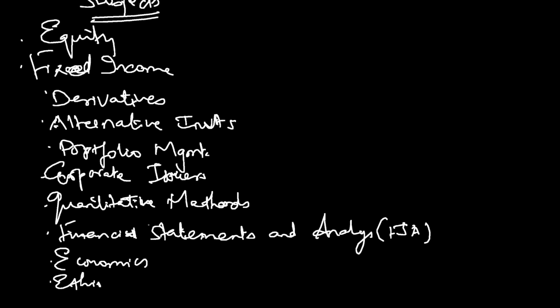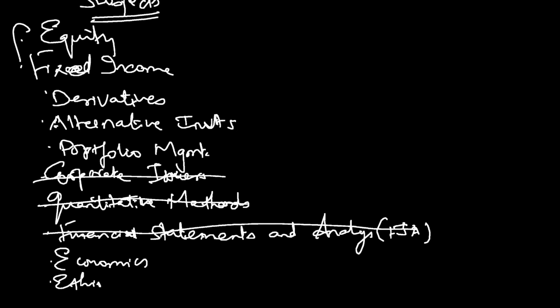In level 3, you will not have financial statements and analysis, you will not have quantitative methods, and you will not have corporate issuers as well. So you will have only 7 subjects for level 3.